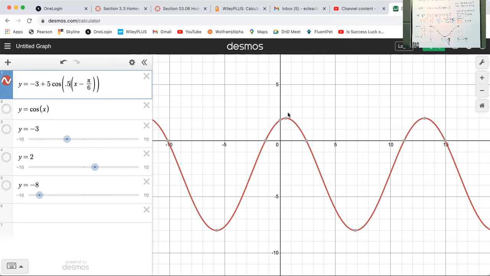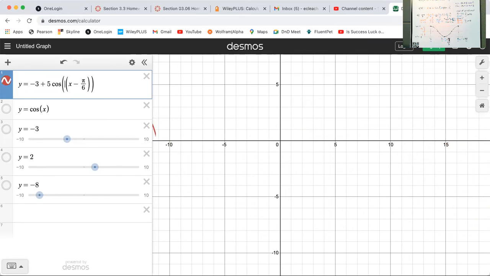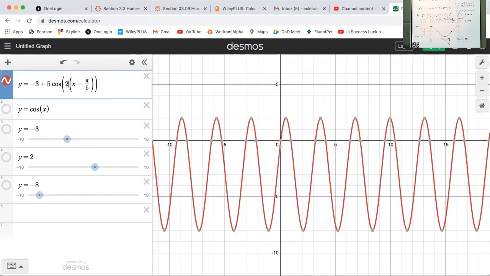we could look at this graph and say, no, this is wrong because the period here is much too long. The period here is 4 pi, and the period is supposed to only be pi. So there must be some error in our calculation or in our inputs. Or to know that this should have a middle at -3 and a top at 2.